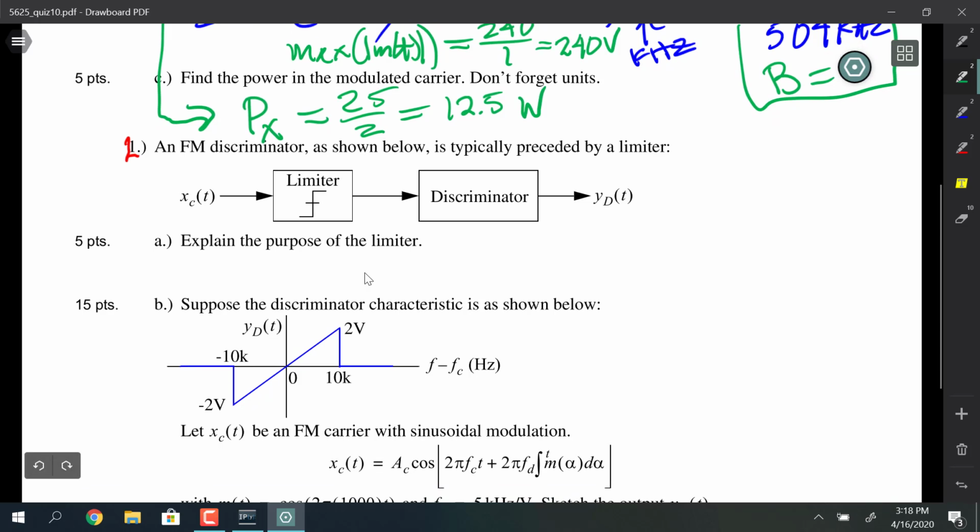But okay, so now moving on to number 2. This is a receiver problem, and this is the block diagram that we had in the notes a few days back, showing an FM discriminator, and I say it's typically preceded by a limiter. So what's the purpose of the limiter?